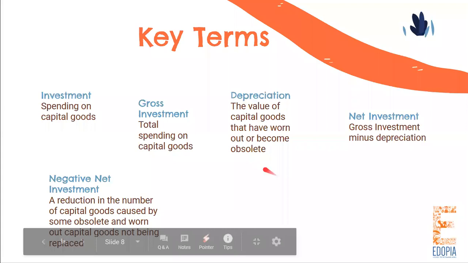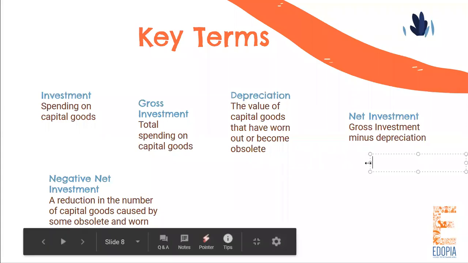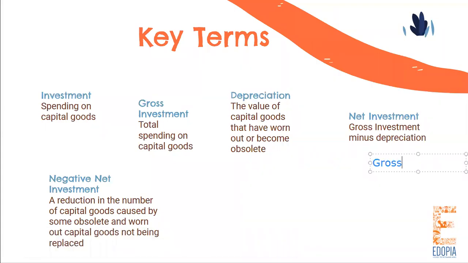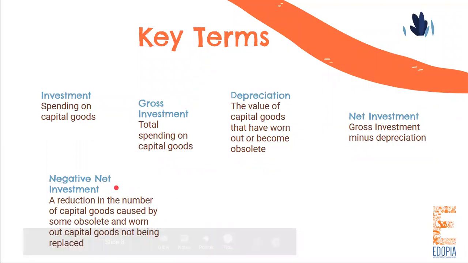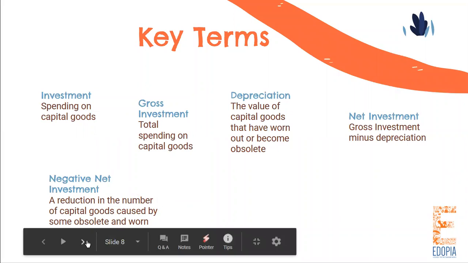Net investment will always be defined as gross investment minus depreciation. Now, moving towards negative investment, where the depreciation or the wearing and tearing or obsolescence of assets is greater than the investment in those assets or the new assets that have been brought in.